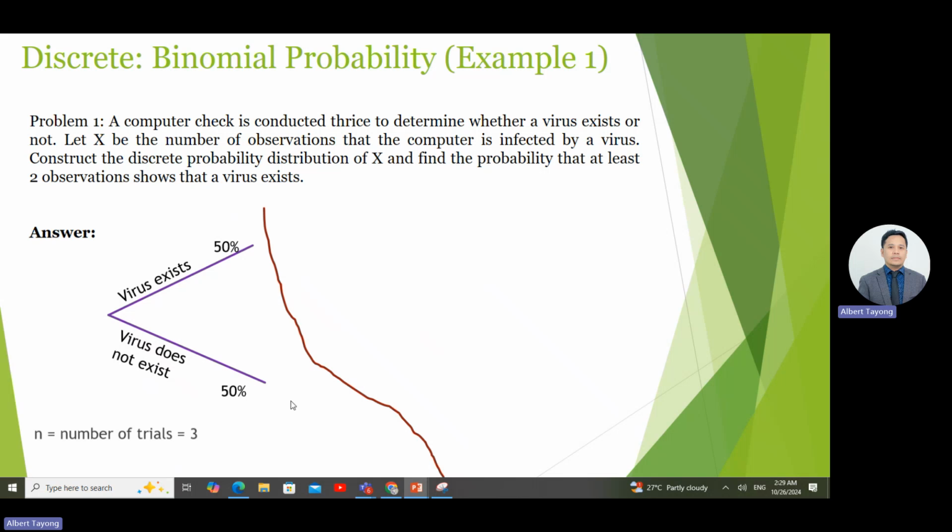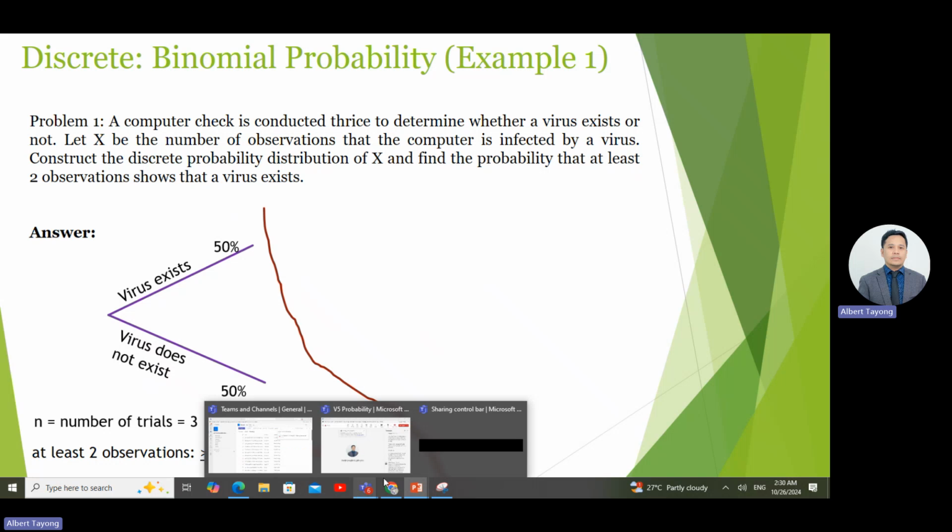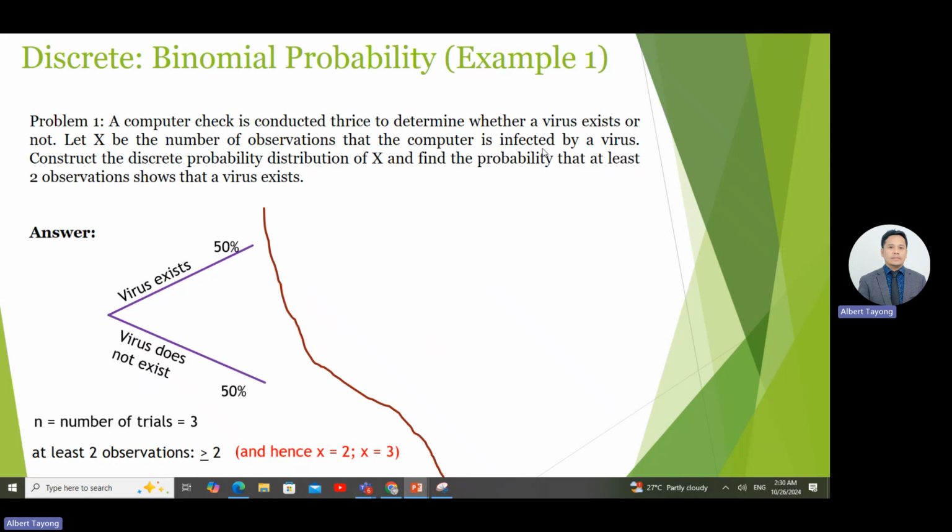All right, so here the number of trials is equal to 3, that's our n, because we're going to conduct the check or the test 3 times, thrice. So our n is equal to 3. And the question is at least 2 observations that a virus exists. The meaning of at least 2 is greater than or equal to 2. It means that our x is equal to 2 and x is equal to 3, because we're going to conduct the check only 3 times.